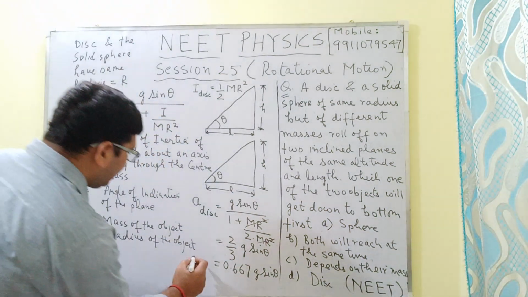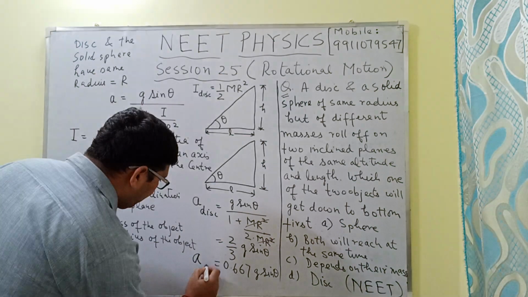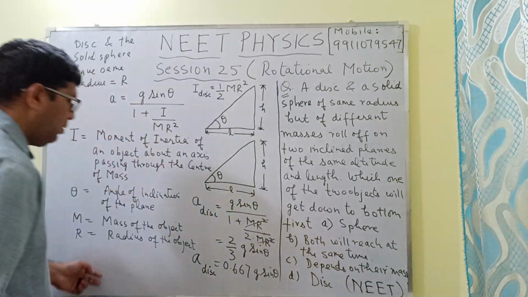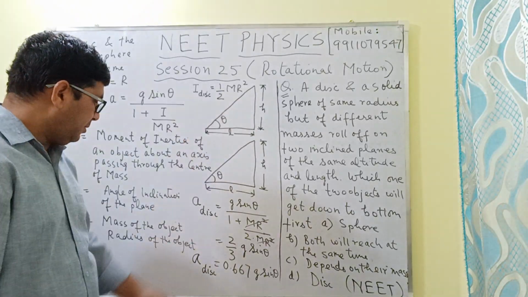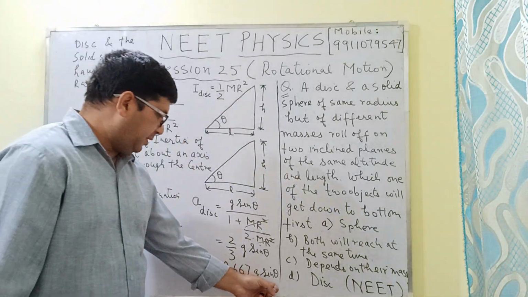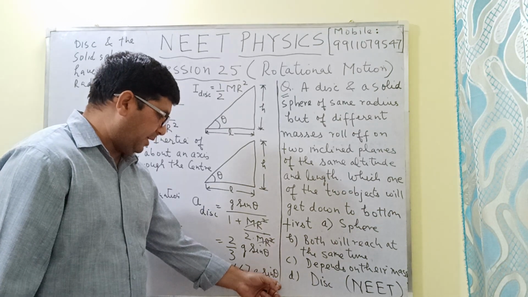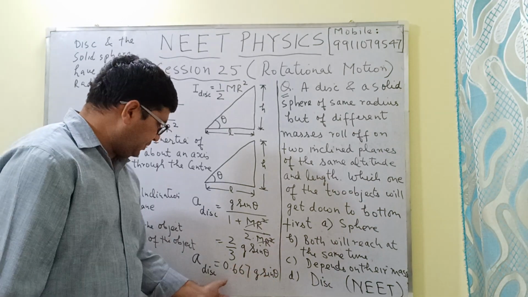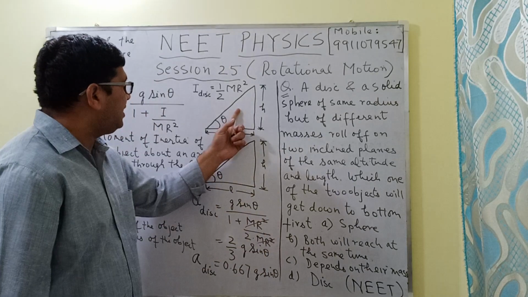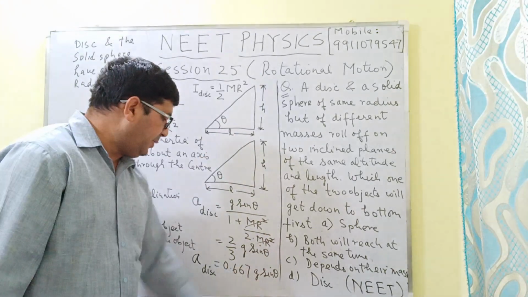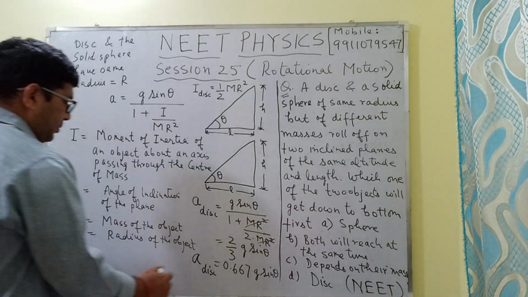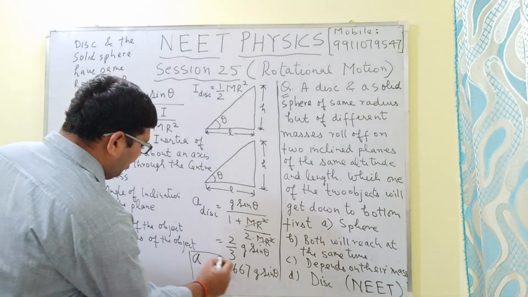So this is the acceleration of the disk when it is moving on this inclined plane, where theta is the angle of inclination. So I have got this value.